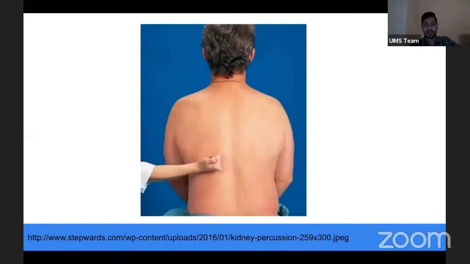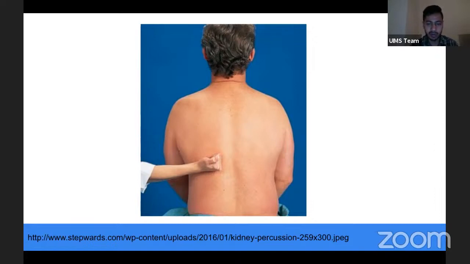This is one of my favorite things. I think quite a lot of students' favorite thing to do is on the image here. It's really a fist, but you can karate chop it as well. And this is usually for percussion rather than palpation.